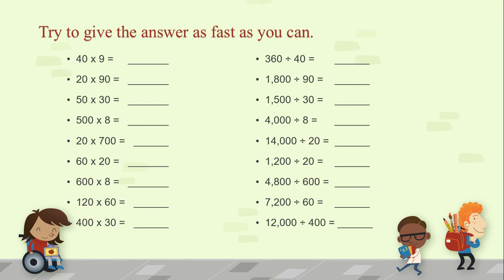So 360 divided by 40, we will cross out a 0 from the 40 and a 0 from 360. So we will be left with 36 divided by 4, which is 9.